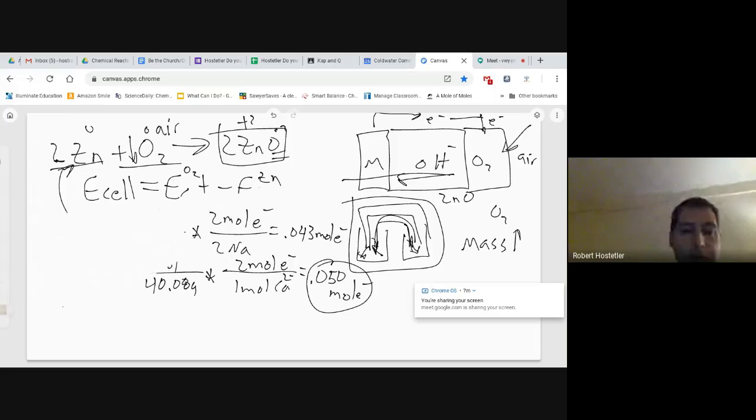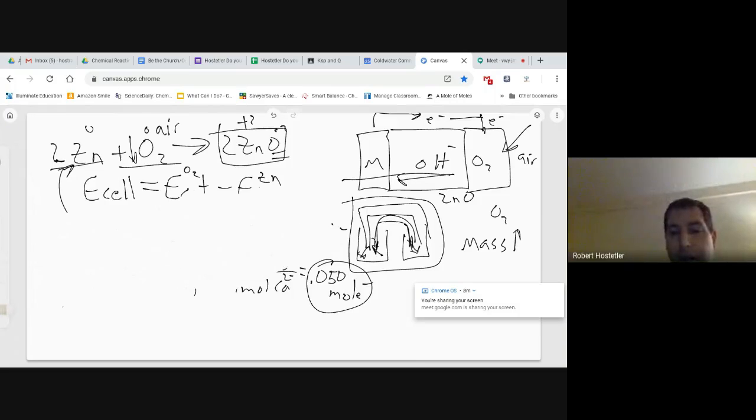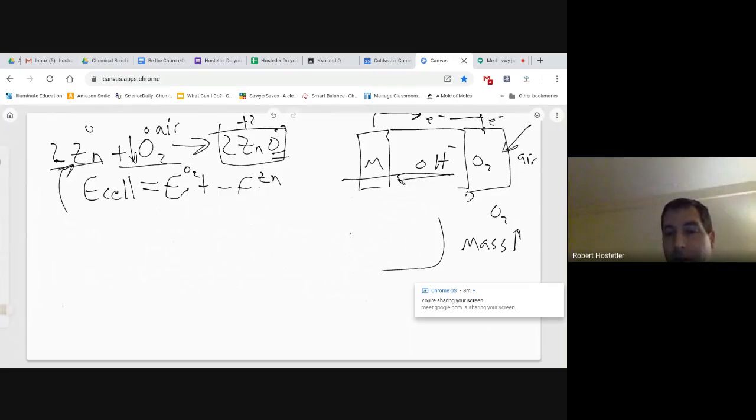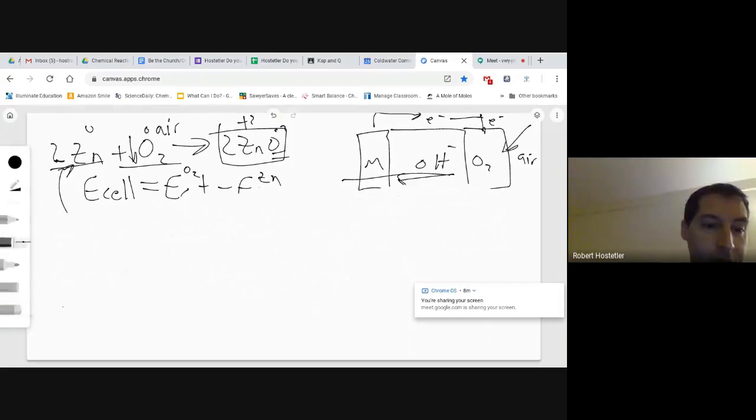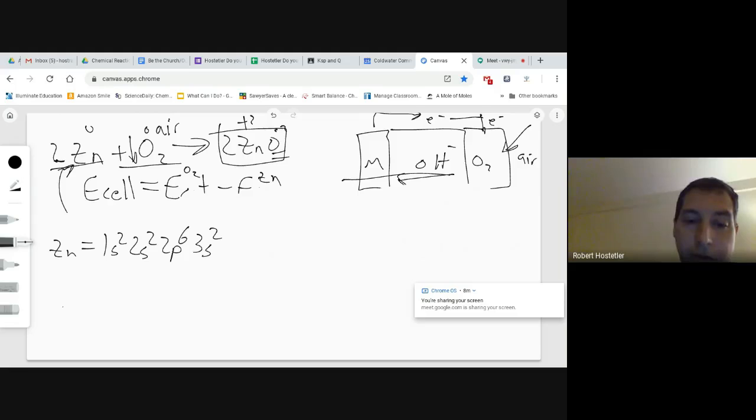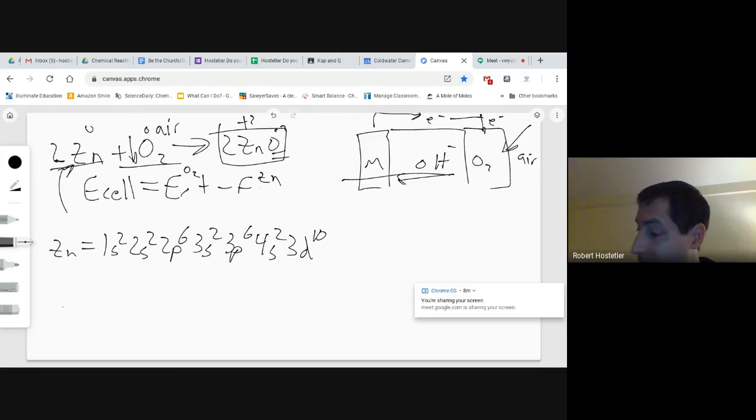So if I make a little space to write this out, going back to our electron configurations, we know that zinc is going to be 1s2, 2s2, 2p6, 3s2, 3p6, 4s2, and then 3d10. That's what it is for a zinc atom.